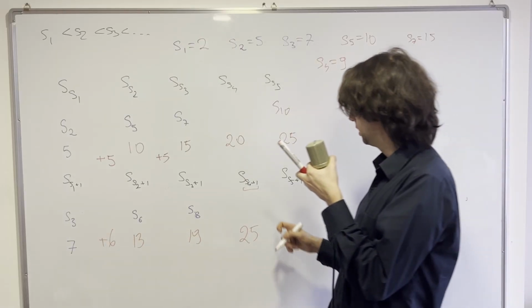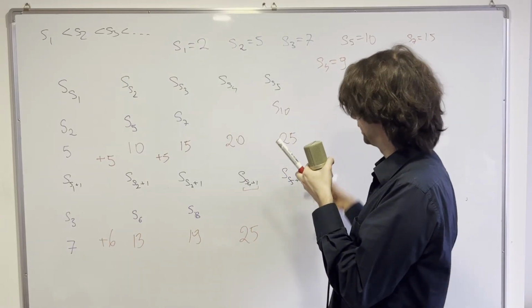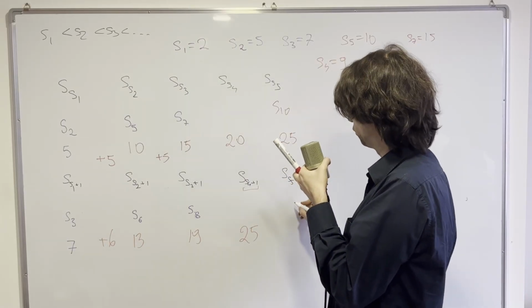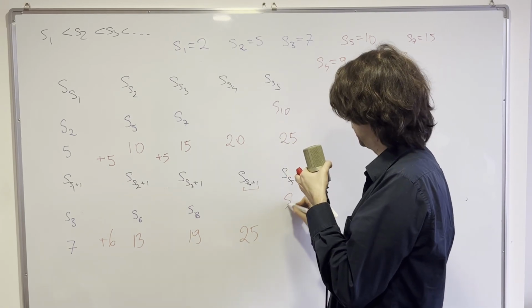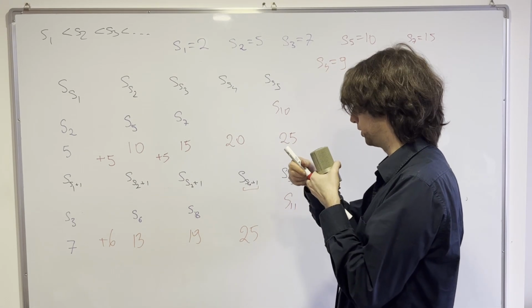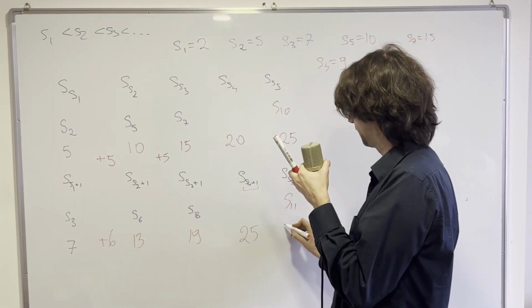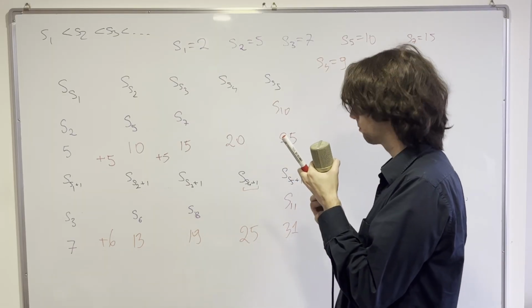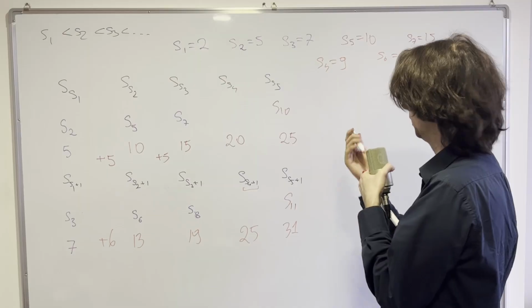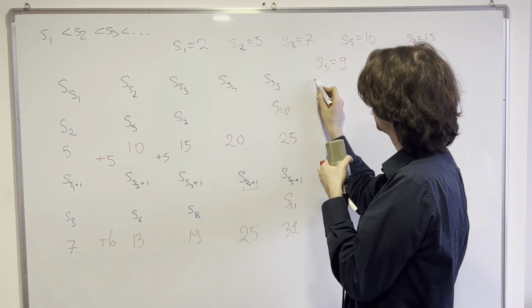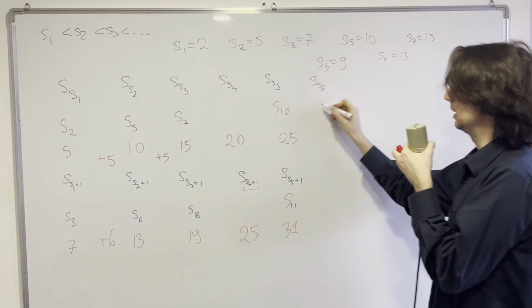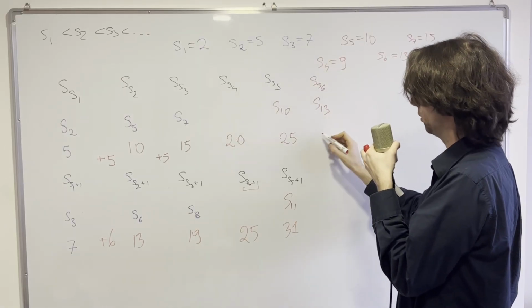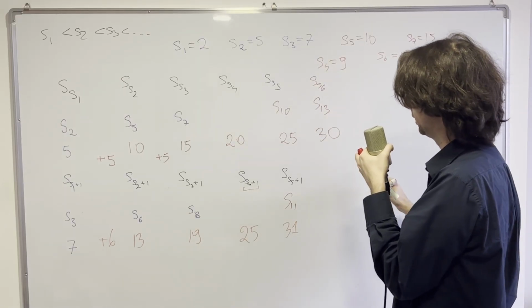Okay? And then what do we have here? We have S5 plus 1, which is S11, and S11 is going to equal 31. And then we have S6 plus 1, which is S13, and it's going to equal 30.